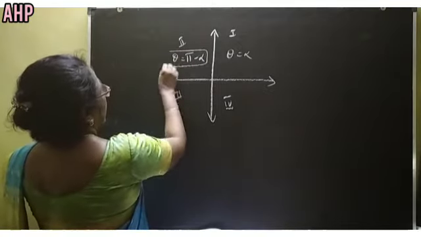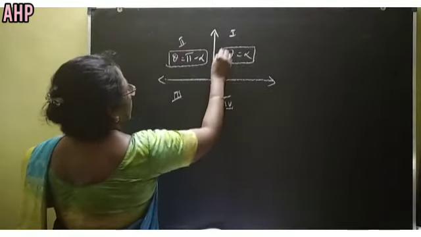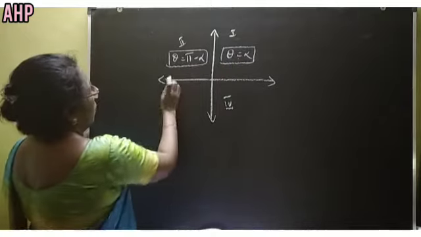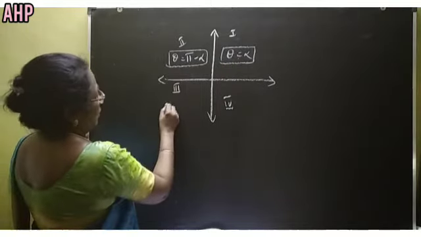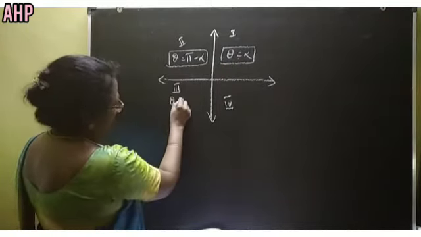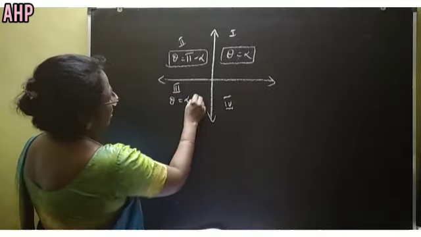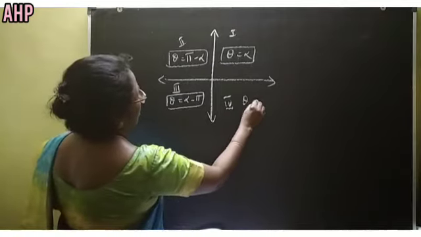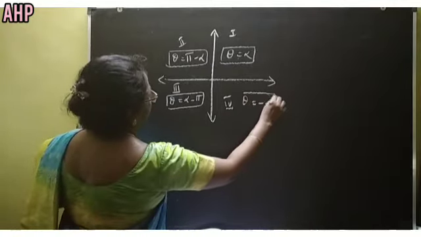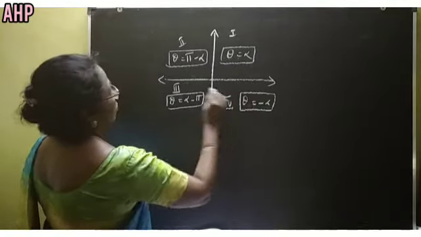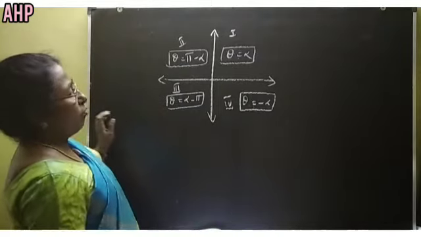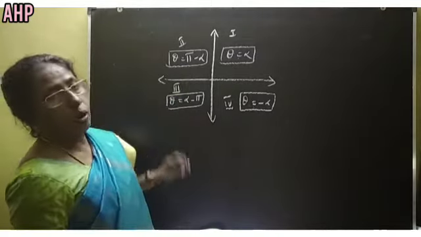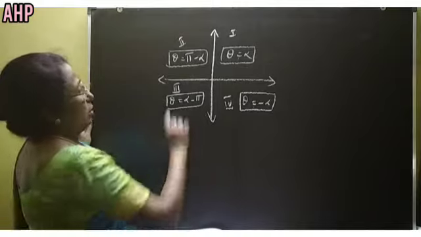In the third quadrant, your theta value is equal to alpha minus pi. In the fourth quadrant, your theta is equal to minus alpha. So, we have to be very careful in finding out in which quadrant your theta lies.